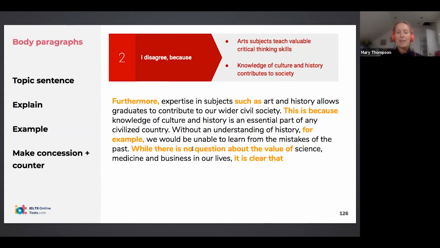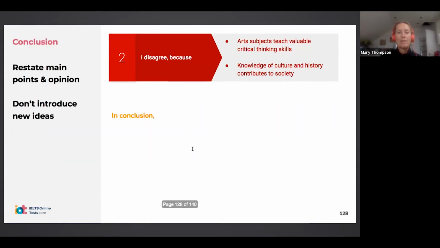It is clear that the humanities also make an essential contribution. Okay, so as you can see, this paragraph is structured exactly the same way as the previous one. And there's lots of lovely linking words in there, nice linking phrases.